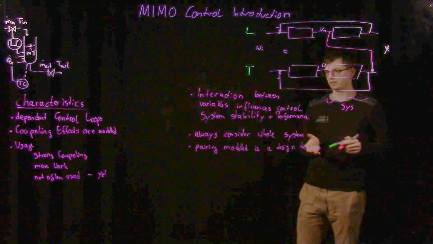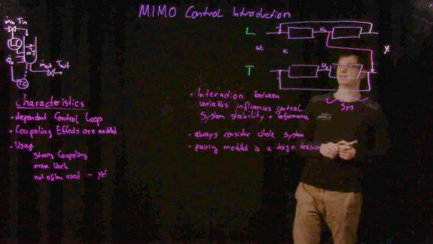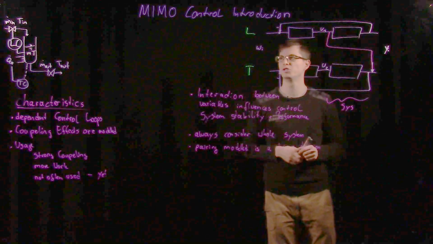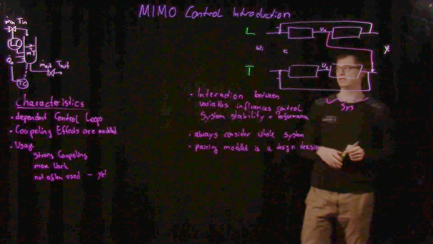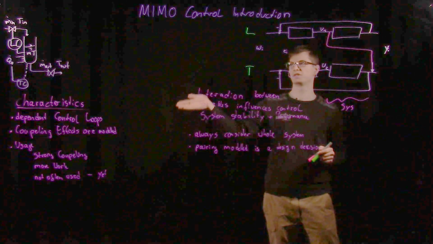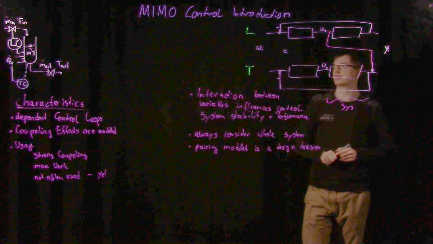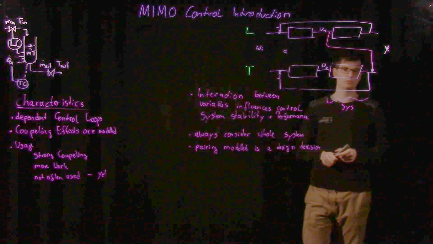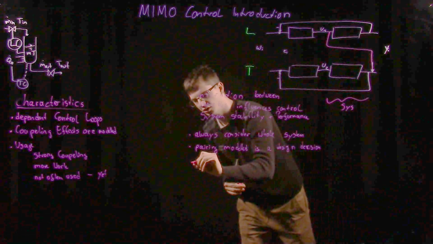There are many control systems in reality that actually should have been multiple input, multiple output control systems. So many problems are directly use cases for multiple input, multiple output control.